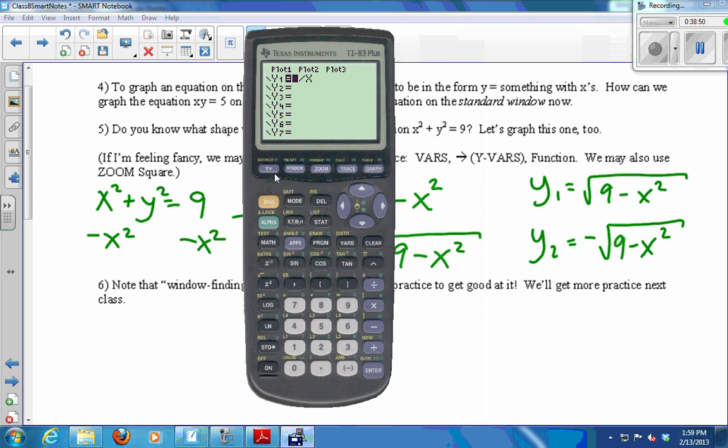So go back to y equals, press clear, type square root of 9 minus x squared, close parentheses, and then the negative, and I'll put square root 9 minus x squared. I can zoom 6 to get a standard window.